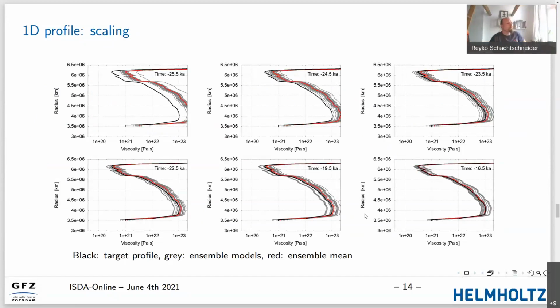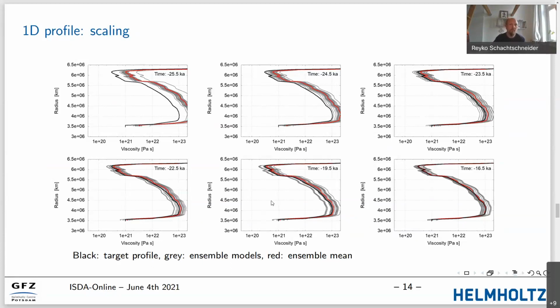Let me see if I can read that question. Places too high viscosity. No, actually, that was done on purpose because estimates of the viscosity in the mantle vary depending on the research group by several magnitudes.